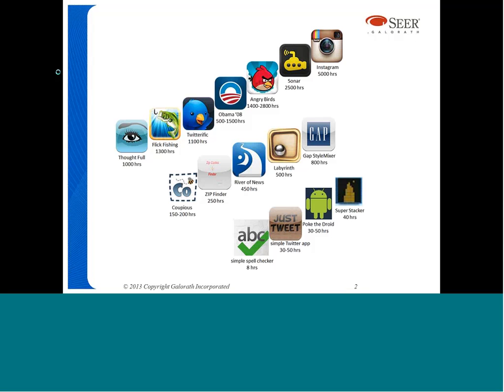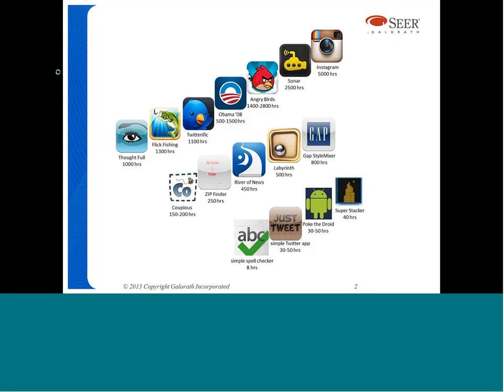What we found was that apps can take anywhere from, on the low end of the scale, a day, 30 to 50 hours, a few weeks, not much, and can go to the sky is the limit at Instagram, which is the highest quoted price. Some of these effort hours were converted from price given a prevailing wage of about $125 for a domestic software engineer. Instagram took 5,000 hours.